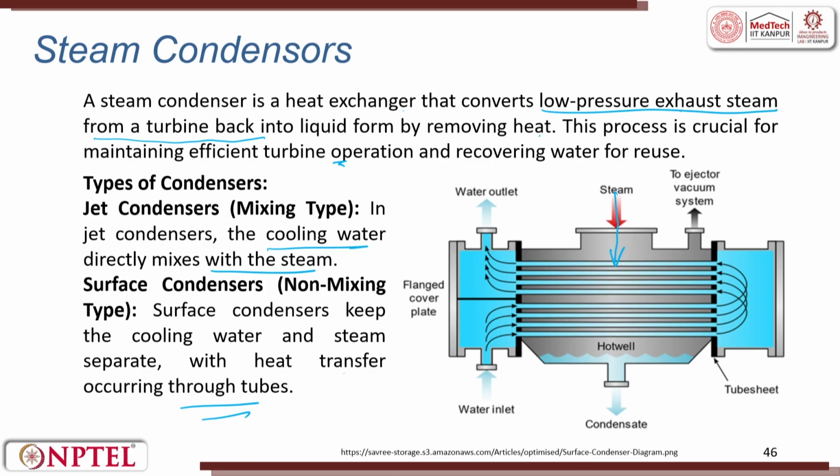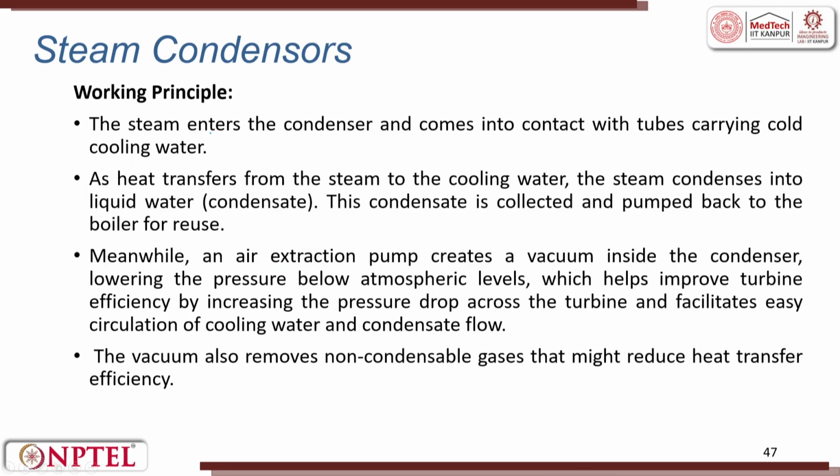The principle is that the steam enters the condenser and comes in contact with tubes carrying cold water. As there is heat transfer from the steam to the cold water, the steam condenses into liquid water. The condensate is collected and pumped back into the boiler for reuse.